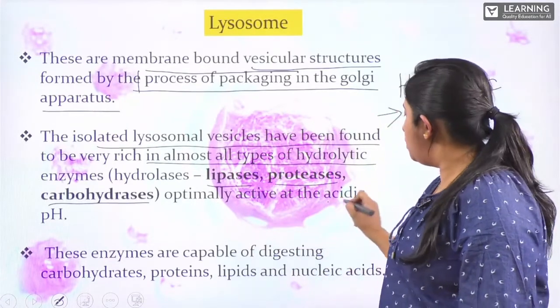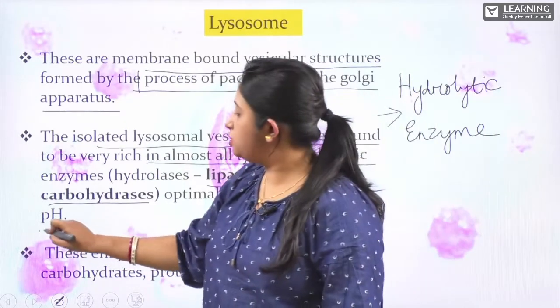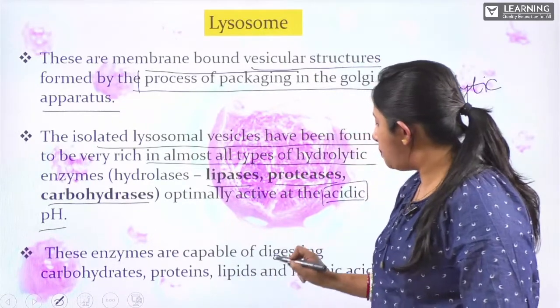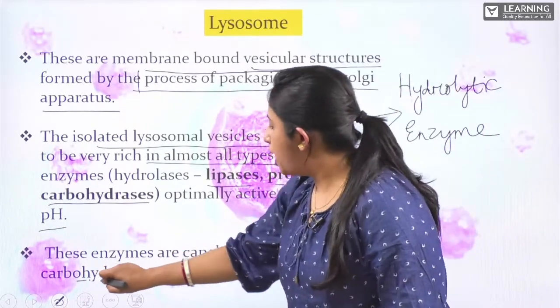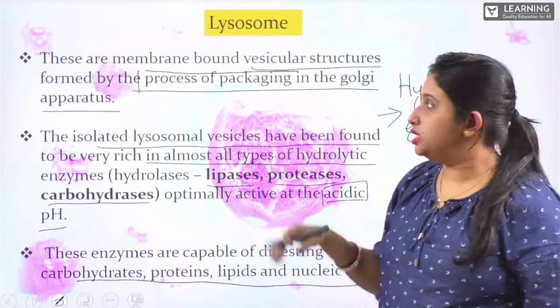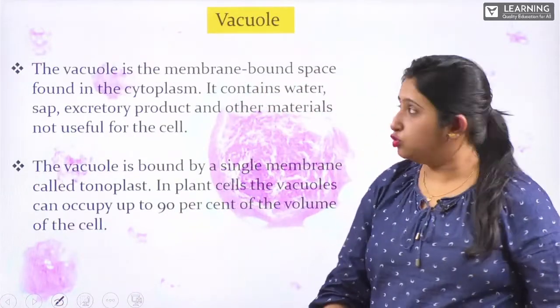They have an acidic pH. These enzymes are capable of digesting carbohydrates, proteins, lipids, and nucleic acids. So this cell organelle, the lysosome, is very simple and easy.